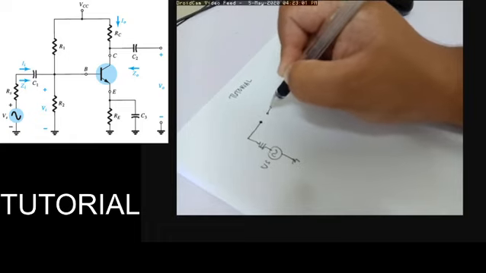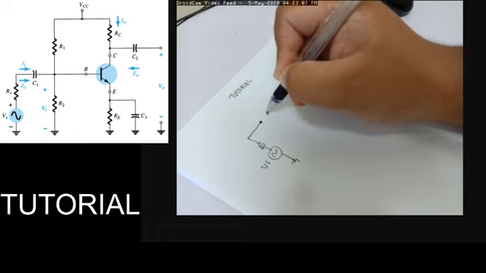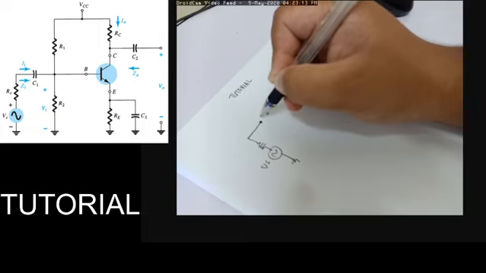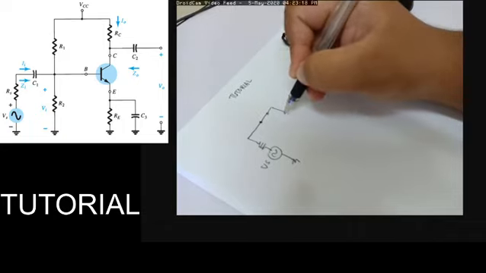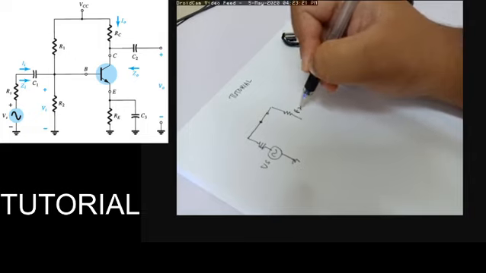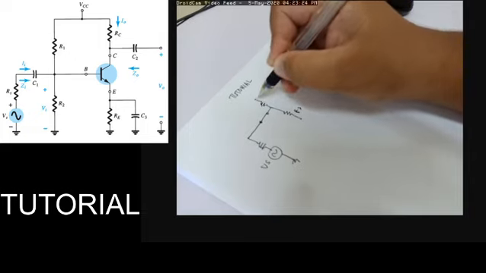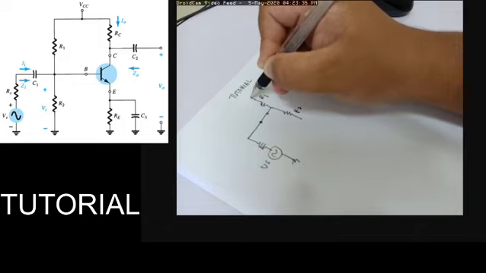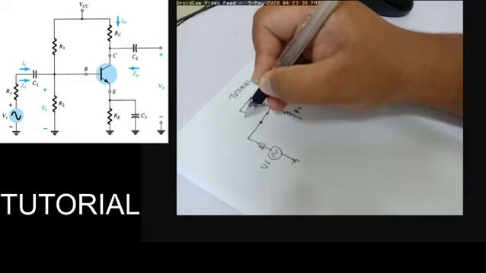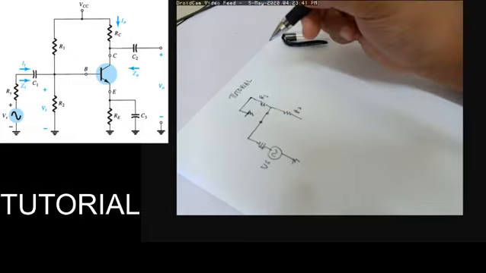For the AC analysis, we have to consider the capacitor, but we have to short it. Then we have R2, and R1, and then we will remove the VCC and replace it with the ground like this.